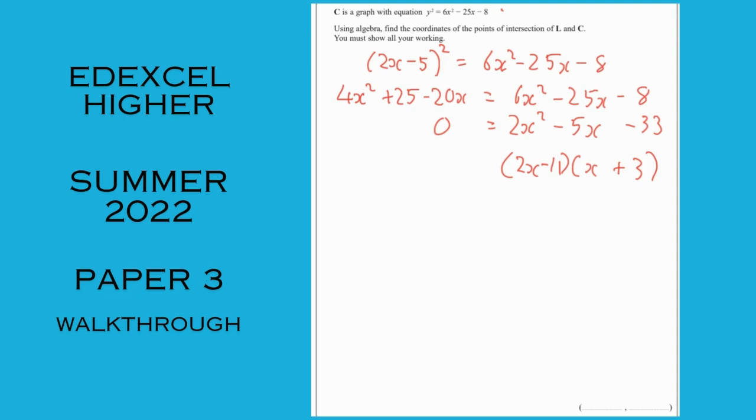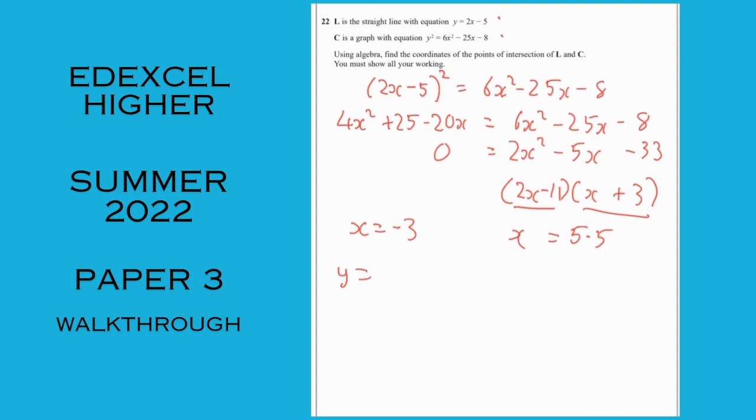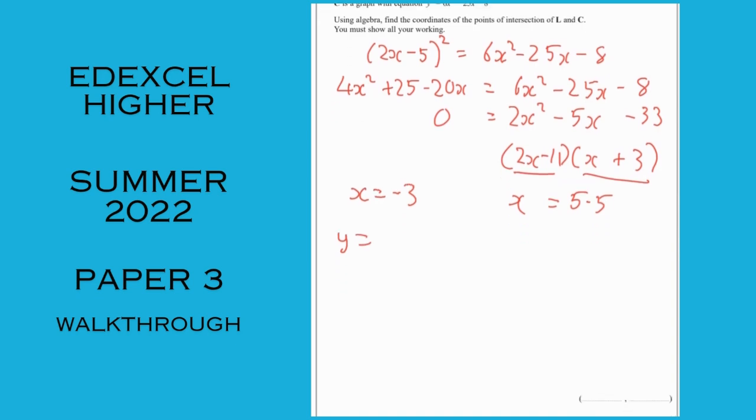So in other words, one of our solutions for x is -3. One of our solutions for x is 11 over 2. Let's find y. I'll always go to your easier equation, which is obviously the straight line. So we double it and we take away 5.